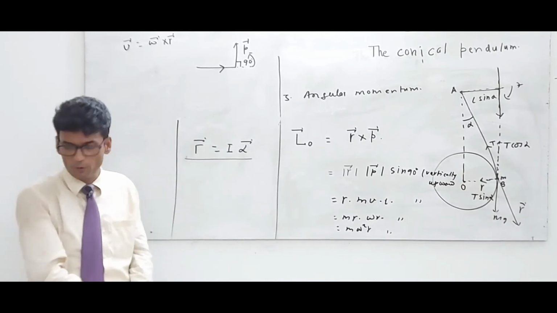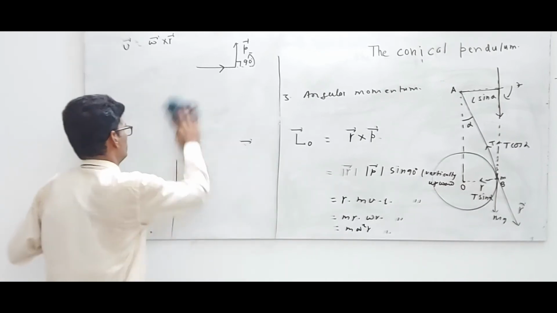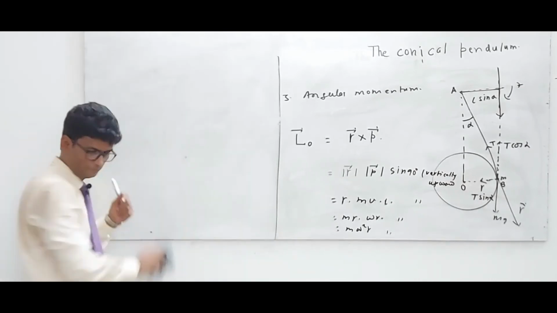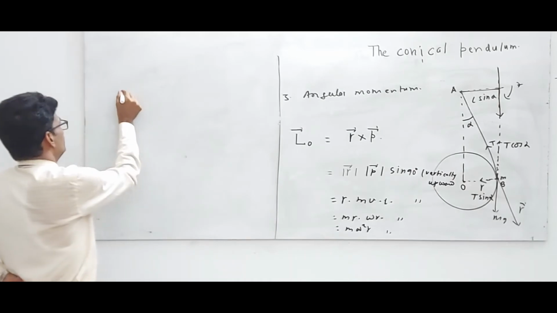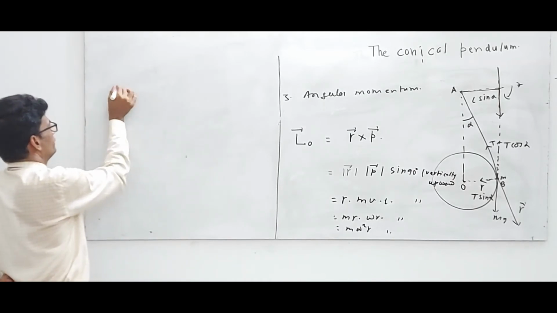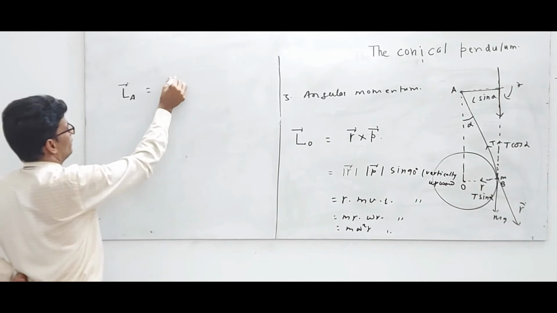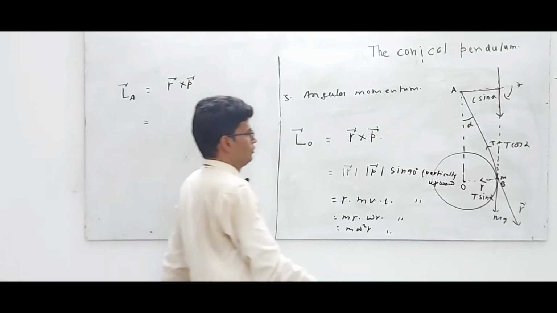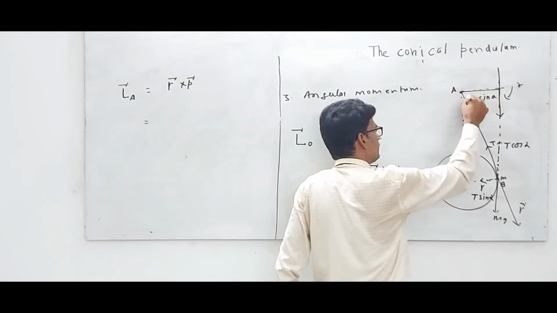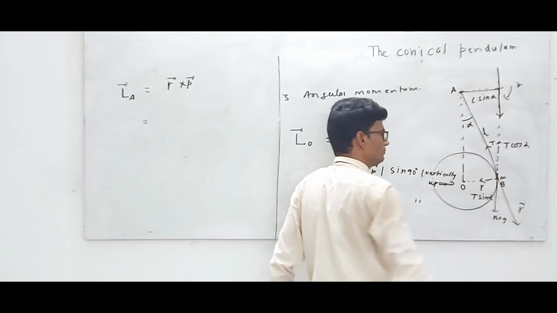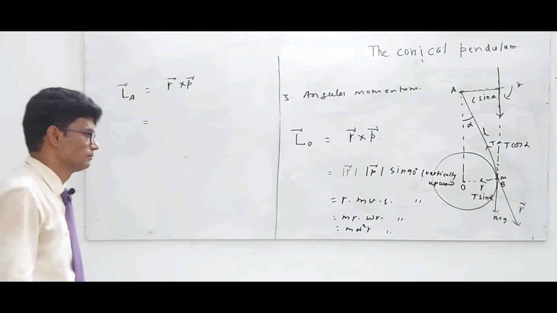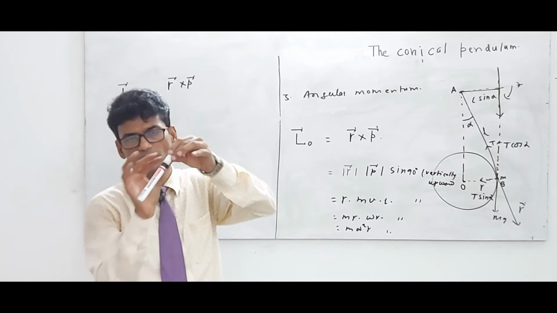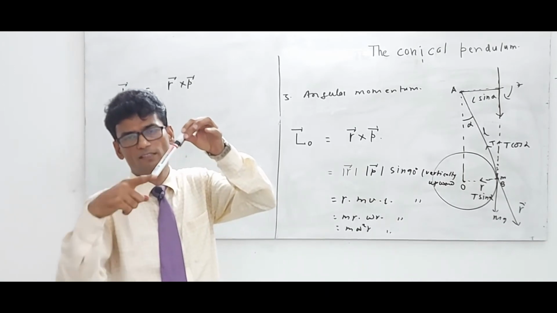Now let us see what about the point A. L_A. Again we see r cross p. The magnitude of the radius vector for this point A is itself the length of the string, L. Velocity is tangential. Look here again. Say this is the string, this is the radius vector, and the velocity is perpendicular to that.